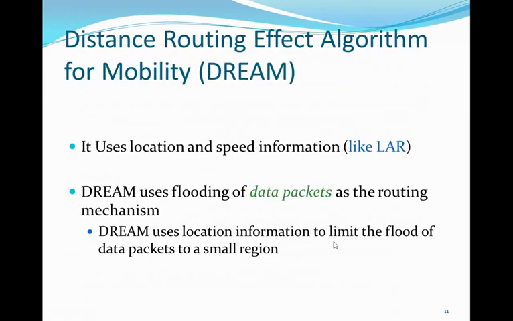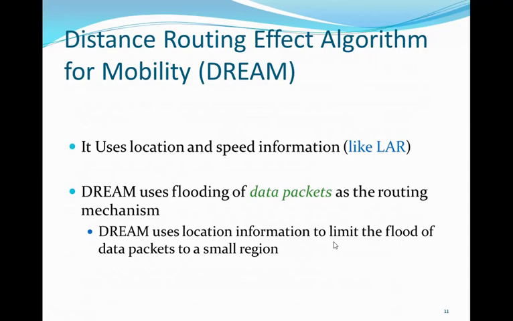Now we will discuss different types of protocols that work on these mechanisms. One of the most important protocols that we will discuss is the DREAM protocol. DREAM stands for Distance Routing Effect Algorithm for Mobility.